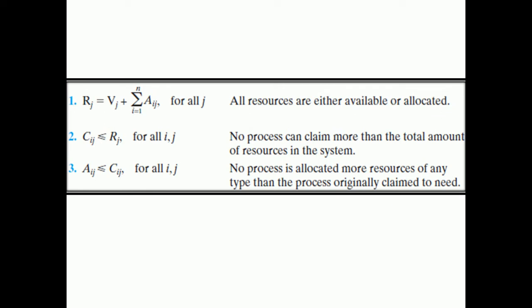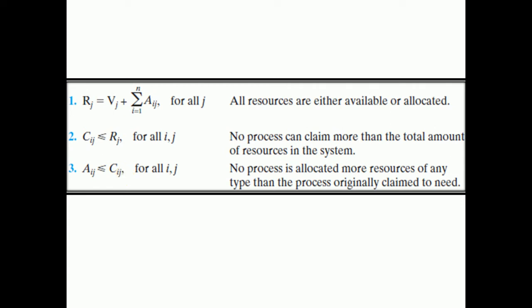What is Cij? C is meant for a claim. What I am going to claim, obviously it should be less than or equal to the total resources. Then Aij, what is A? A is meant for already allocated. So Aij is less than or equal to Cij. That is, what is allocated is supposed to be less than or equal to what I have claimed.